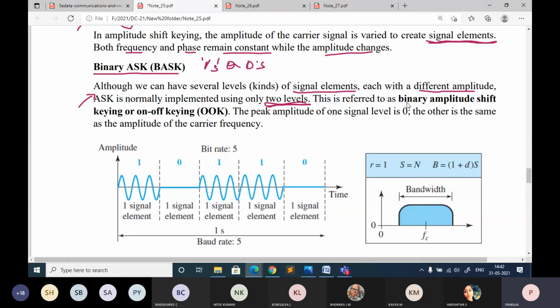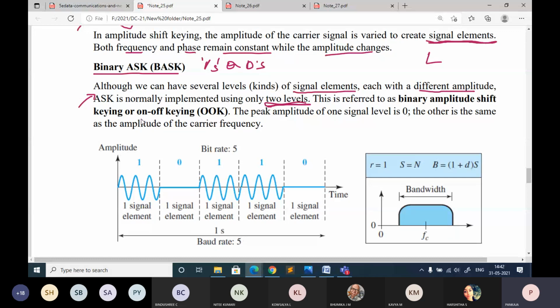You should know the meaning of levels here: how many levels you are going to use, the L value. Just recall chapter number 3. This is referred to as binary amplitude shift keying.